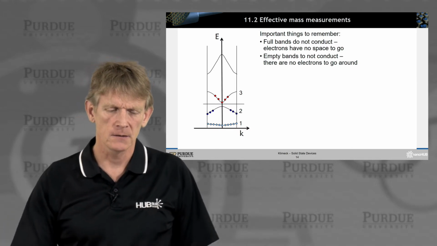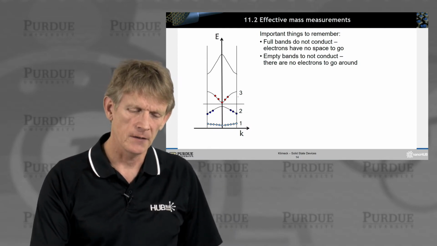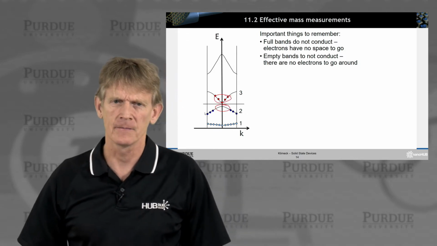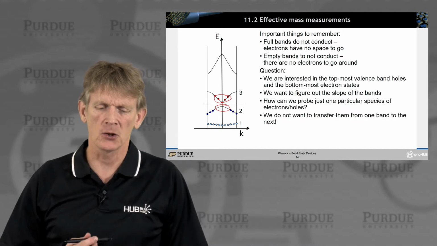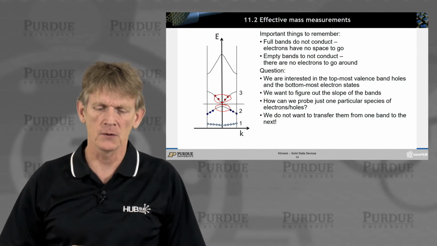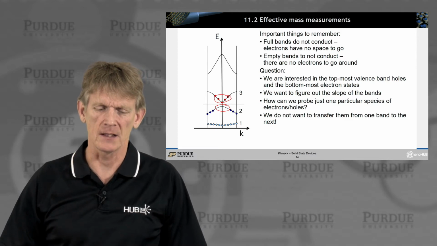So again, in a typical semiconductor that has some doping, we have electrons in the conduction band, and we have holes, or lack of electrons, in the valence band. Ideally, we would like to measure the curvature of these bands. We are interested in the topmost valence band holes and the bottommost electron conduction band states.